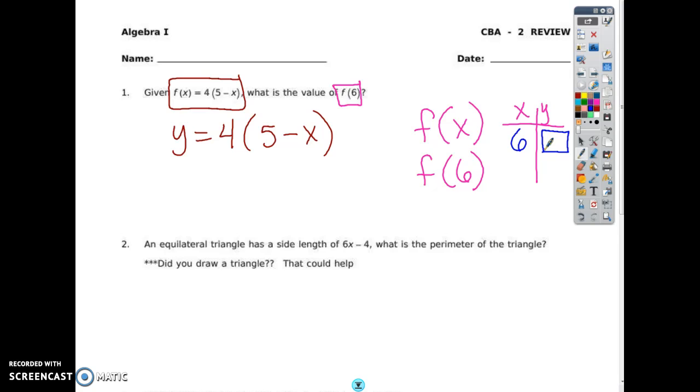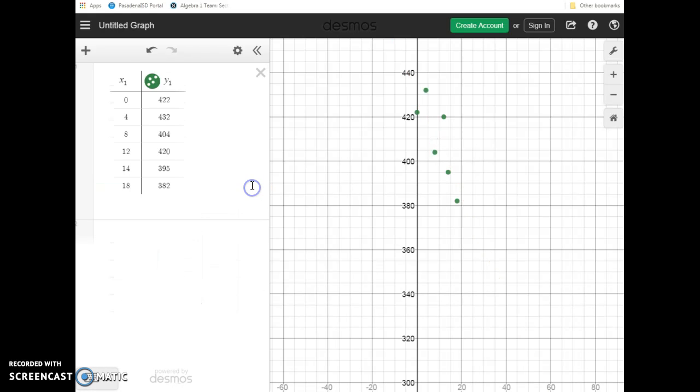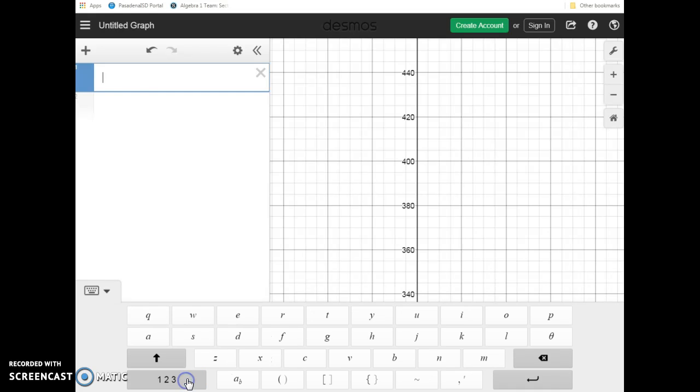So we're going to type this in decimals. Go ahead. You're going to open up the table for it, and you're going to type 6 and see what it gives you. So we're all in decimals right now. And you're typing y equals, or you can even type f of x. It doesn't matter.